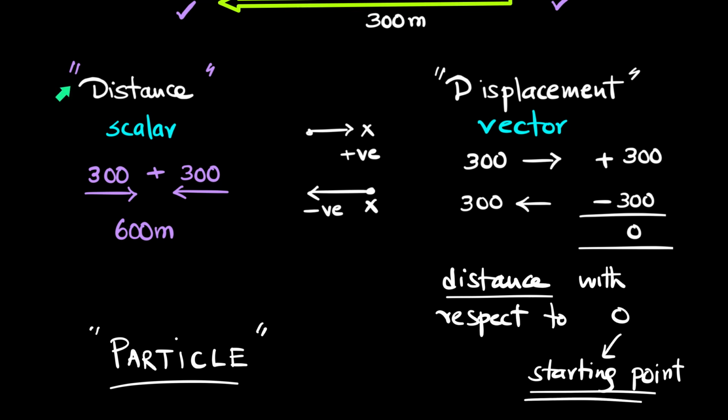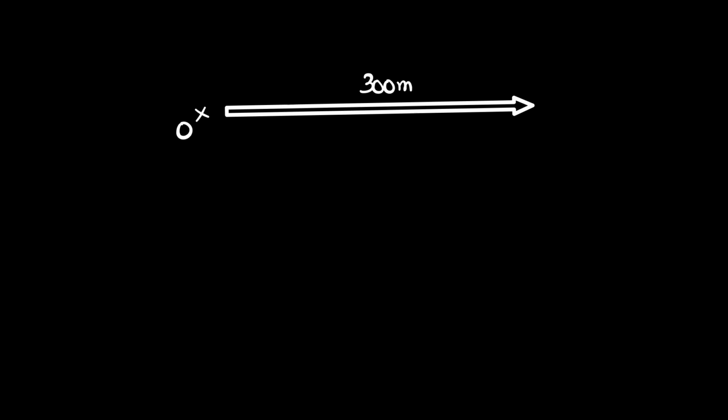So therefore, distance is a scalar quantity. Displacement is a vector quantity. Let me explain it with another example of distance. This time, the person is again at O and the person is traveling 300 meters to the right, and stops at the point A. But this time on the return journey, the person does not reach O, the person reaches some other point which is B, and this distance is 200 meters.